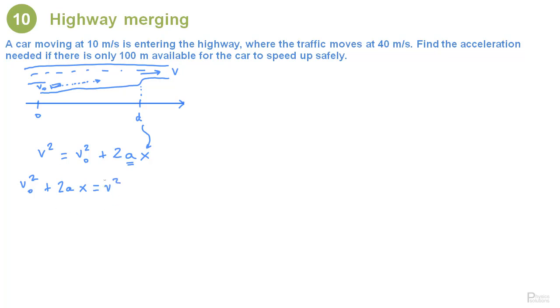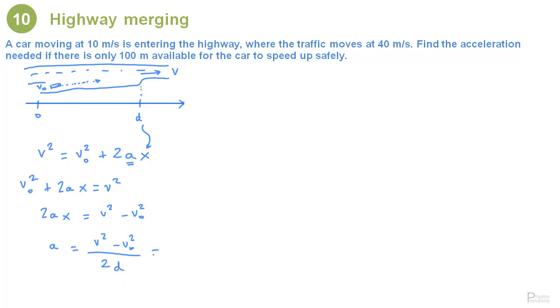So I will pass this initial velocity to the other side. This becomes v square minus v0 square. And now I divide both sides by 2x. So the acceleration is v square minus v0 square divided by 2x, which in our case is d.